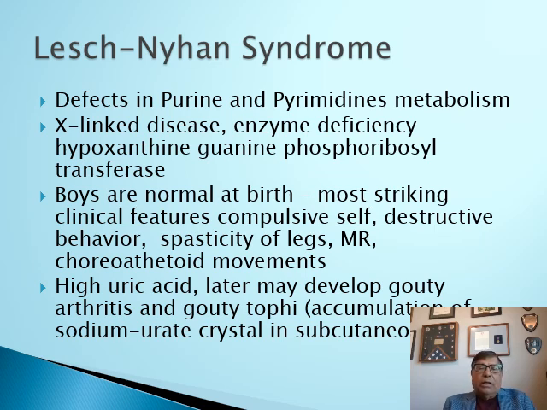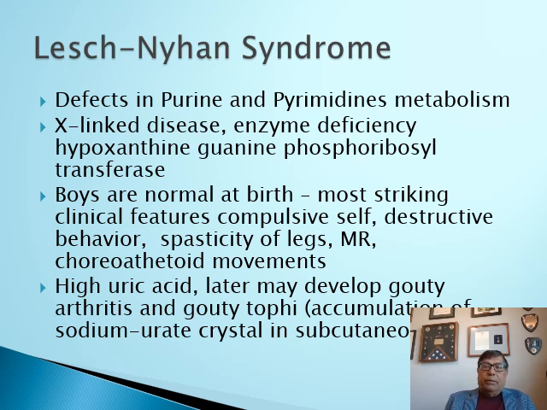This is due to the deficiency of hypoxanthine guanine phosphoribosyl transferase. Enzyme deficiency is hypoxanthine guanine phosphoribosyl transferase, and it is X-linked. So Lesch-Nyhan is X-linked, and that is something to remember for the purpose of your examination.